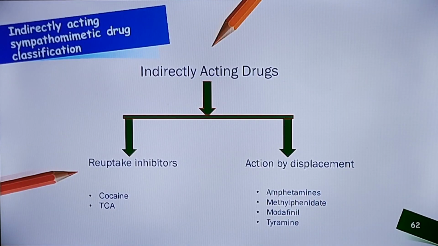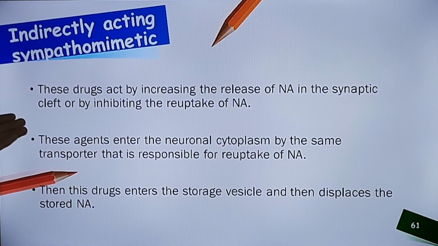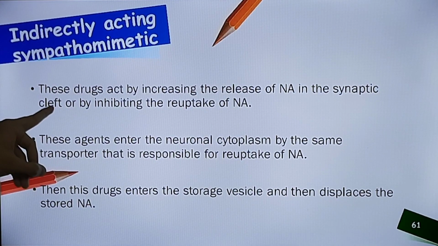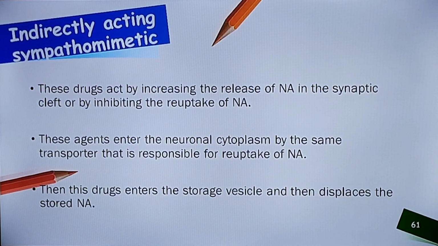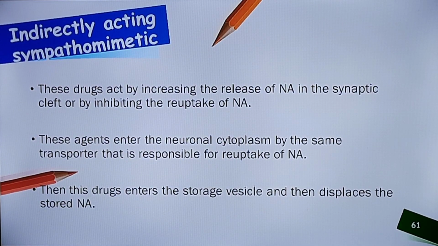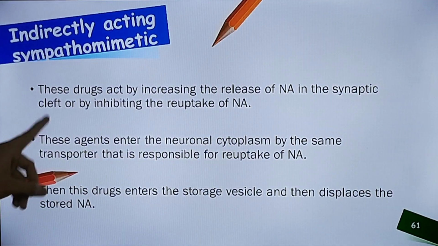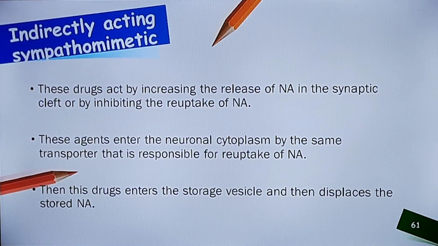Now why did we put these in the classification of indirectly acting drugs? Very simple, because if you see the definition, these drugs increase the release or increase the concentration of noradrenaline in the synaptic cleft by inhibiting the reuptake of noradrenaline.